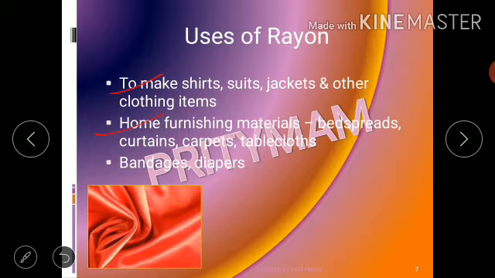In addition, it is used to make bandages and diapers. Students, rayon is made of a polymer cellulose, the same polymer that makes up cotton and other plant fibers. The monomer of cellulose is glucose.